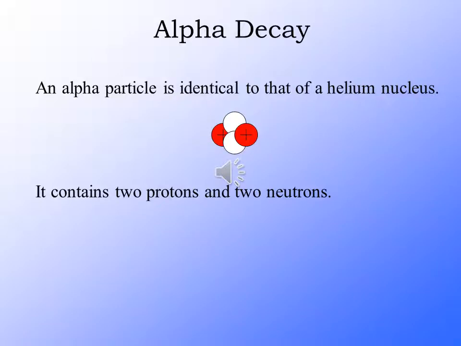An alpha particle is identical to a helium nucleus. It consists of 2 protons and 2 neutrons. In general, it has a total mass number of 4.